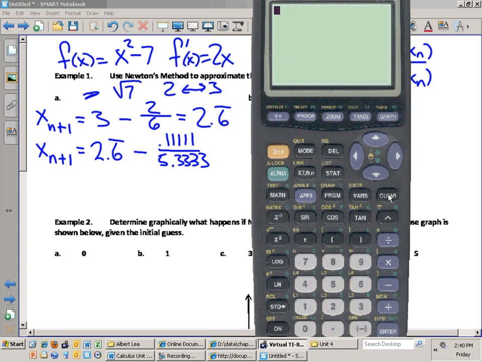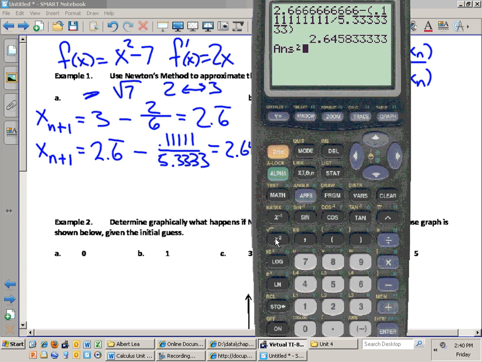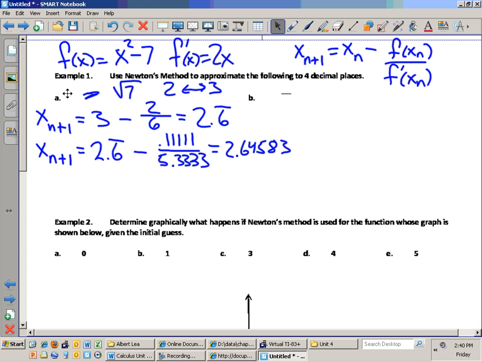So if I take 2.6 repeating minus parentheses 0.11111 divided by 5.33333, close my parenthesis, I get 2.64583. And if you take that 2.64583 and square it, you can see how close you actually come to 7: 7.0004. So in fact, 2.64583 is a really good estimate.